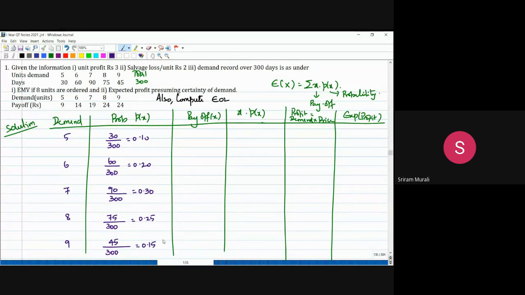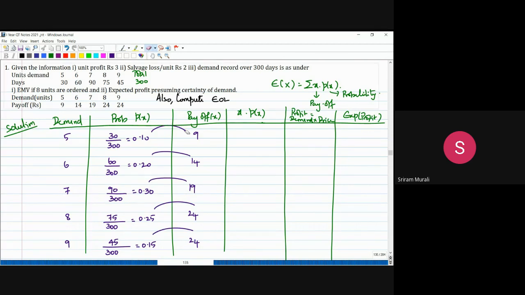Now the payoff is also given. The payoffs are 9, 14, 19, 24 and then 24. What I want to find is the expected value of x. That is x into P of x, so these two must be multiplied.